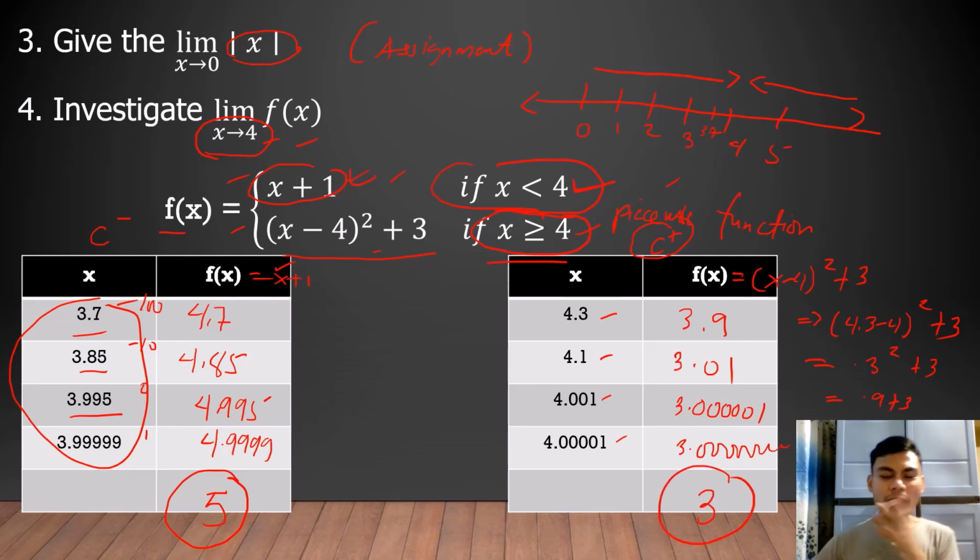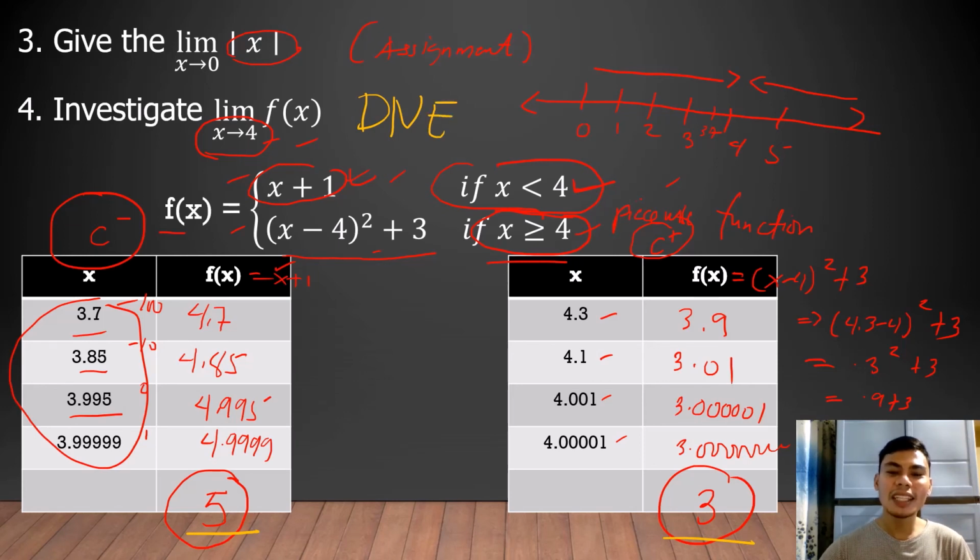Hala, paano yan, sir? The definition of limit states that it exists if and only if the limit from the left is the same as the limit from the right. Pero, sir, 5 at 3, hindi pareho. In this case, the limit does not exist. So DNE is does not exist.